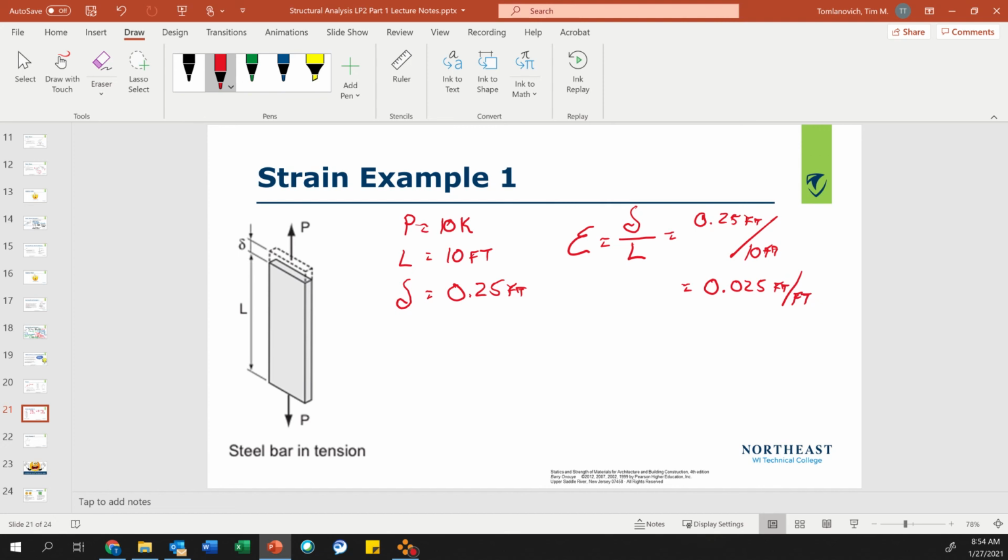Basically that's saying that at a load of 10 kips, I'm just making these numbers up, per foot of length of that steel bar, it's going to strain 0.025 feet. That's kind of what it means. So we can rearrange these equations. If I give you a strain and a length, I can give you the deformation. So you can rearrange that equation.